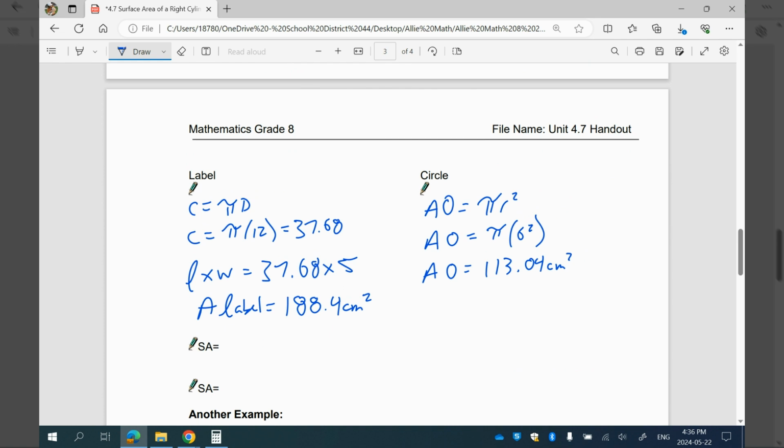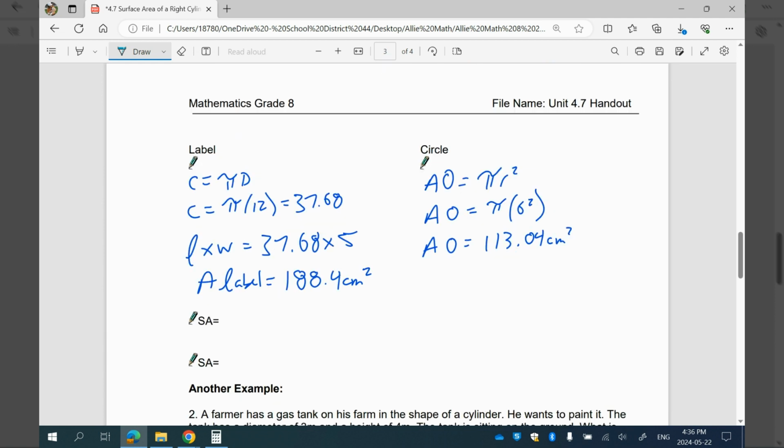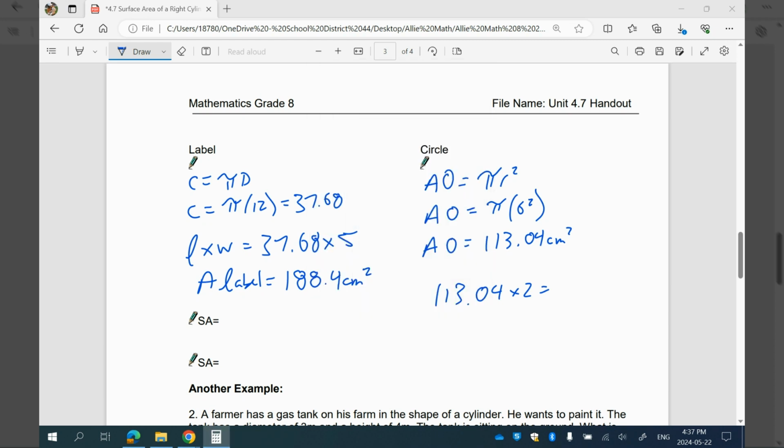There's two circles, remember? We have this one right here and this one right here. So we have to times that by 2. 113.04 times 2 equals 226.08 centimeters squared.